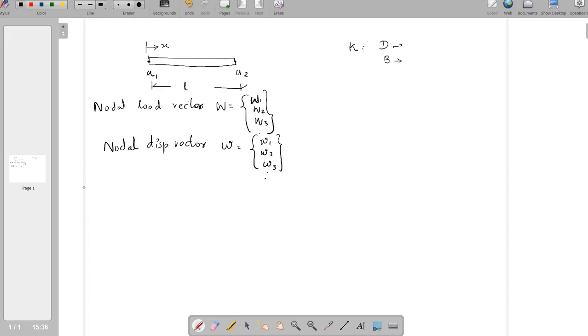So now the strain energy P, the expression for strain energy P can be written as the area of loading diagram, that is half BH, half into nodal load value and the nodal displacement value. So it goes on continuous, half W3, small w3 up to half Wn and small wn.